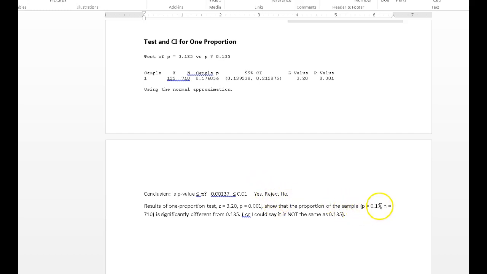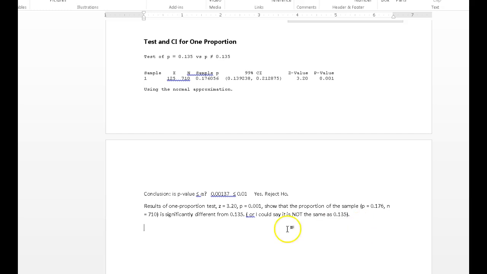This shows that the proportion in the sample, which was 176 out of 710, is significantly different from the 0.135. Or the other way I could say this is that it's not the same as the 0.135, which was the proportion of kids who experienced loss of appetite on similar medications.